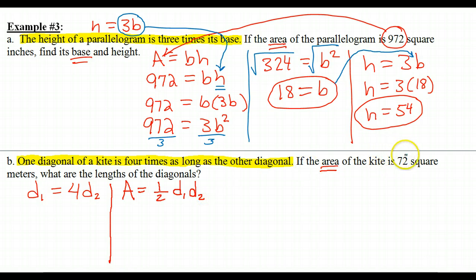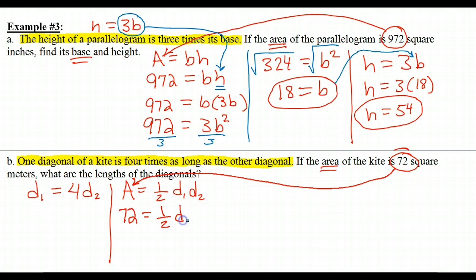So they are giving us that the area is 72. Okay, so that means I can take this 72 and put it in for area in this formula. So this will become 72 equals 1/2 diagonal 1 times diagonal 2.